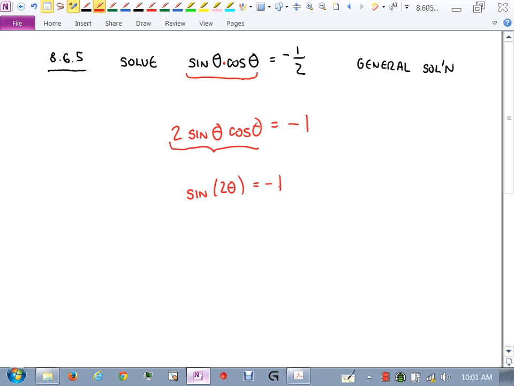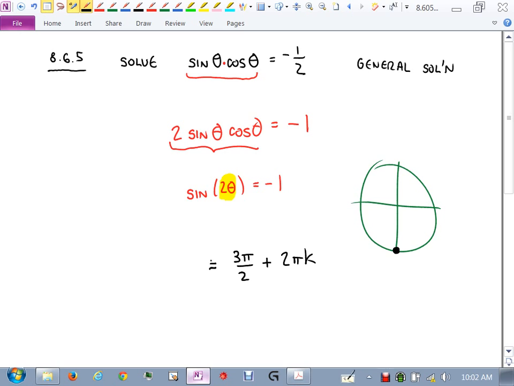And so now you're just asking yourself, when is sine, my argument's 2 theta, I'll deal with that in a second, but when is sine by itself -1? So I go to my unit circle, sine is the y coordinate, it's going to happen down here, right? So what angle is that? 3 pi over 2, and I want all angles, so plus 2 pi k. And I need my argument to be that.